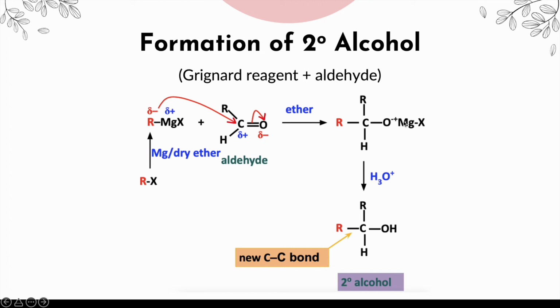The plus is at Mg, and then followed by the reaction with acidified water, and this MgX will be replaced with hydrogen H, so it will form the alcohol over here, and this is secondary alcohol because one R from Grignard reagent, another R is already at the aldehyde. So the product is secondary alcohol because the OH group is attached to the secondary carbon, so this is secondary alcohol.